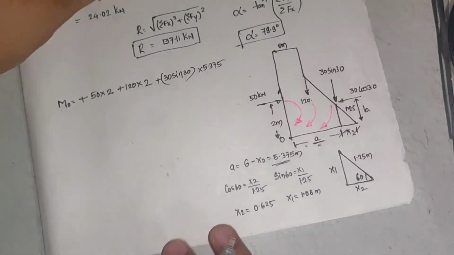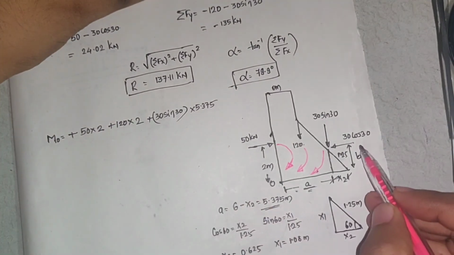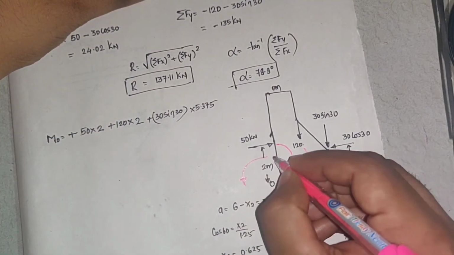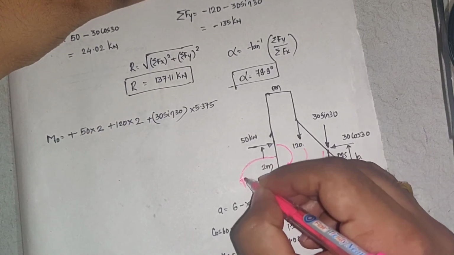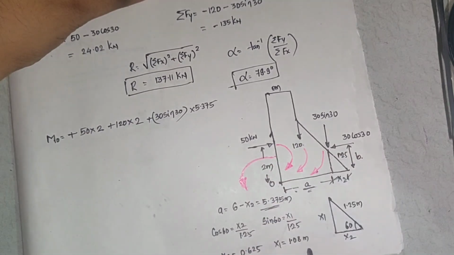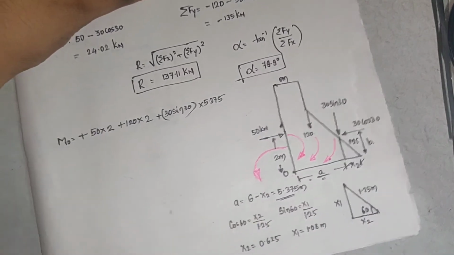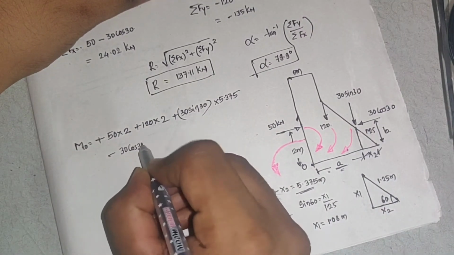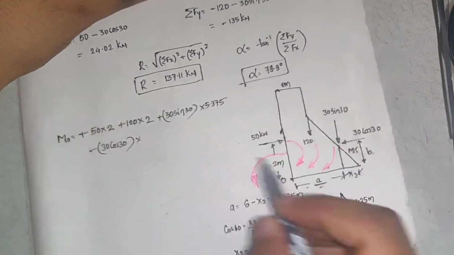How will 30 cos 30 rotate about O? It will rotate anti-clockwise. So this is minus 30 cos 30, the force, into the perpendicular distance.